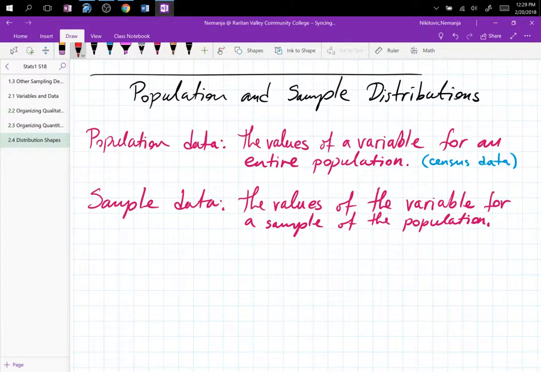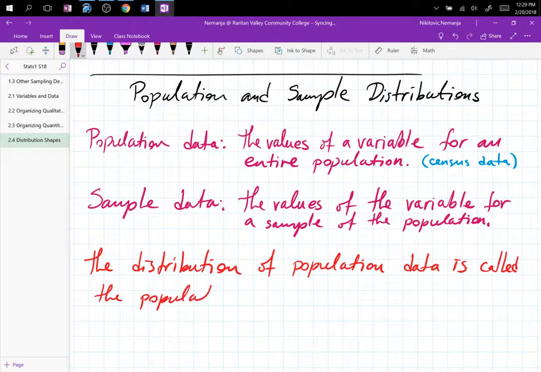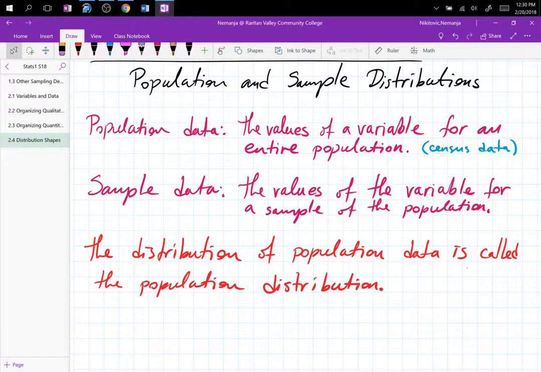The distribution of population data is called population distribution. And the distribution of sample data is called a sample distribution.